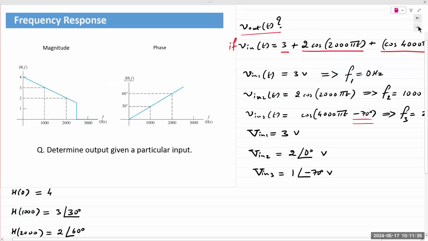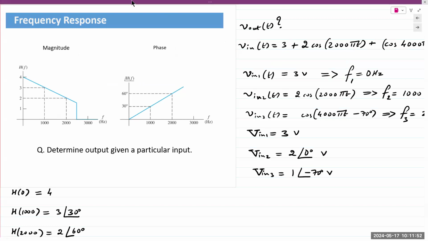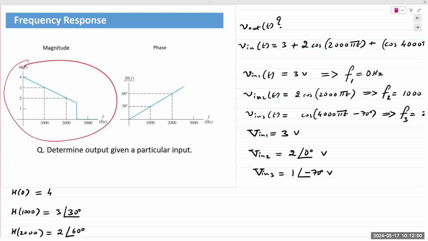Okay. So here is an example where you are given an input, and the transfer function of this network or circuit is given in graphical description. There are two charts. The one on the left gives you the magnitude.